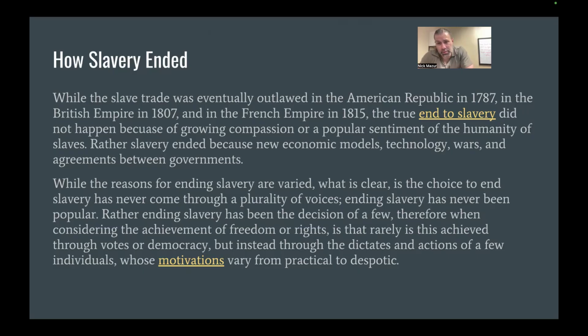Many of the generals that would declare independence for various regions, whether it's Sonora or Puebla, or areas in the various states in Mexico, these generals, many of whom were descended from slaves, ended slavery in their area. It wasn't the fact that everybody got together and thought that it was a good idea. It was usually just the work of one or a few people.